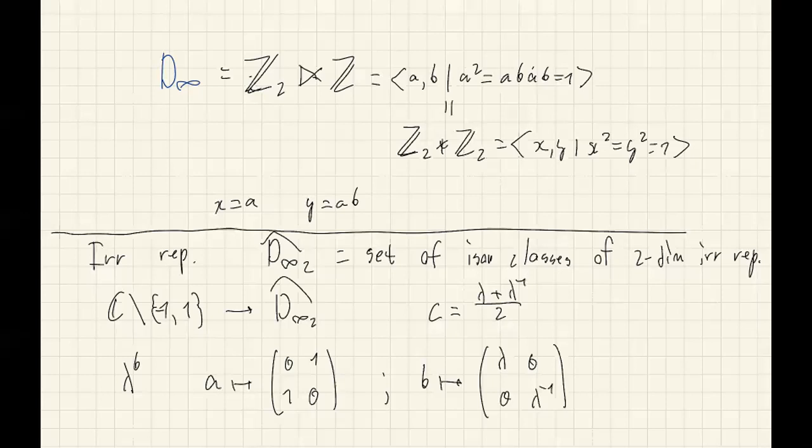We identify the set of irreducible two-dimensional representations with this complex manifold, and we give this set a topology as in here. The same topology.